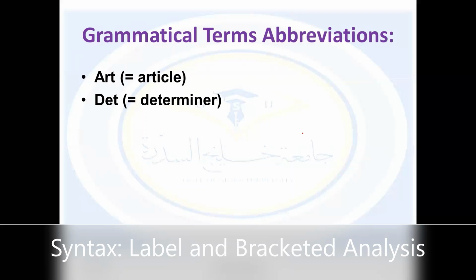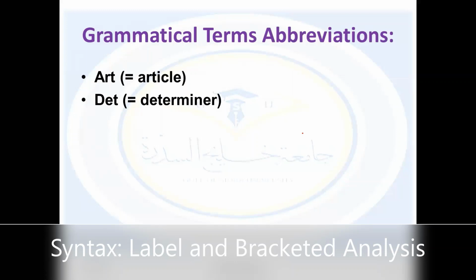Determiners include some different types of words. They include even articles; an article can be described as a determiner. Also, they include demonstratives, such as this and that or these and those.